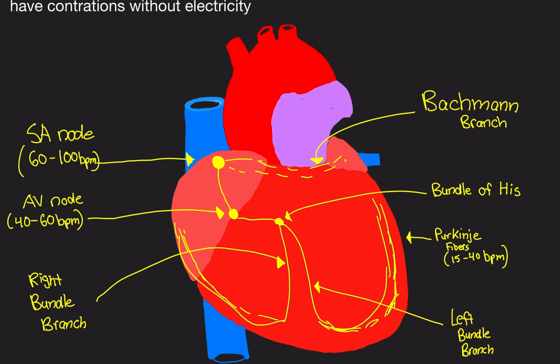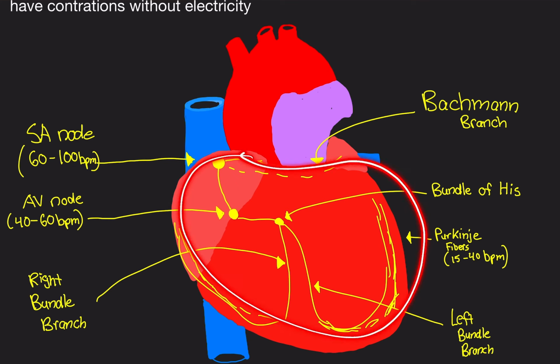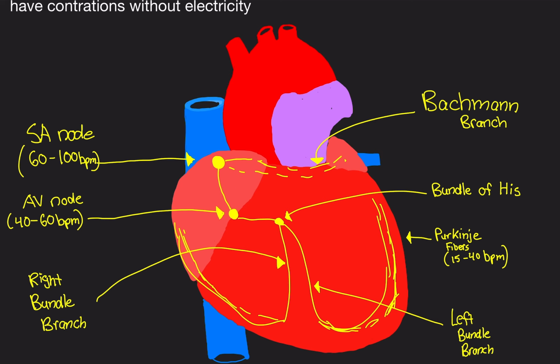So before I continue, what I want to preface is that our goal is to send electricity throughout the entire heart. Not the entire heart, I should say, throughout all the atria and ventricles. We want the entire atria and ventricles to contract. Okay, so that's our goal.